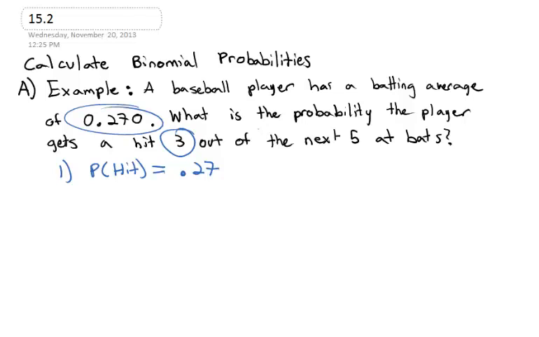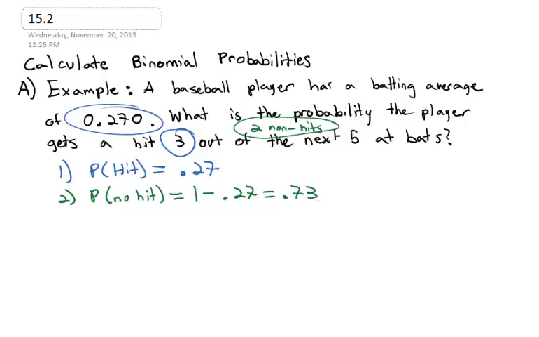That means there are 2 non-hits, right? Whether they're walks or strikeouts. So we need the probability of no hit. If he's going to get a hit 0.27 of the time, the complement would be a no hit. We just subtract 1 minus 0.27 to get 0.73 is the probability that he does not get a hit.